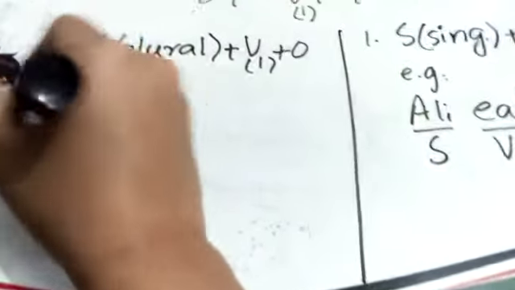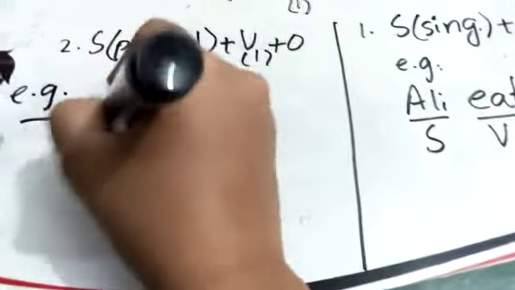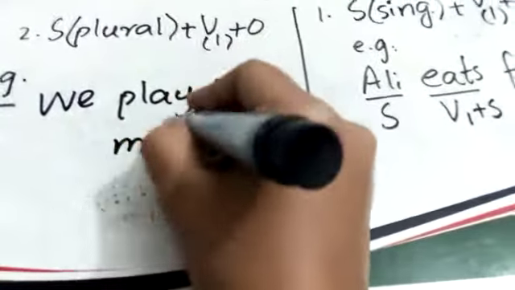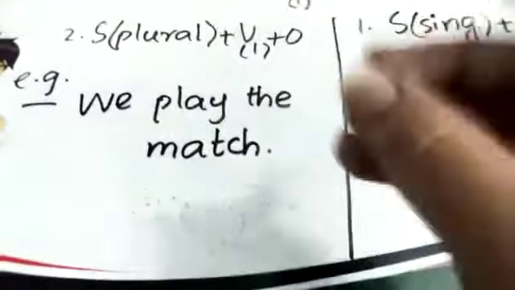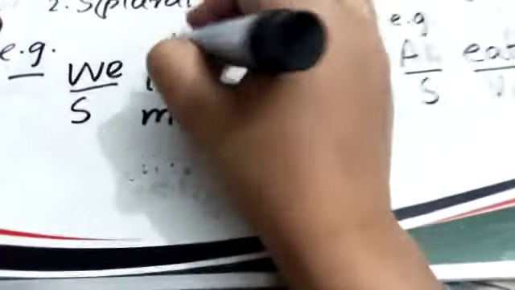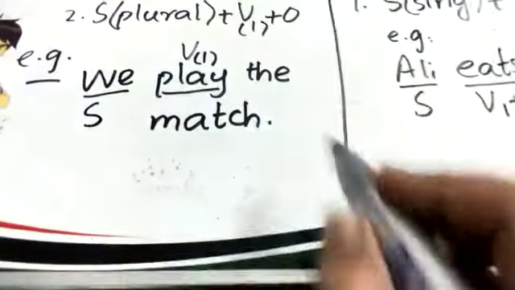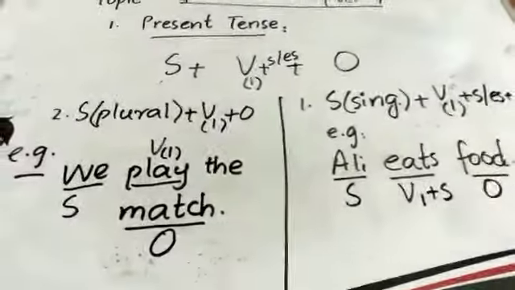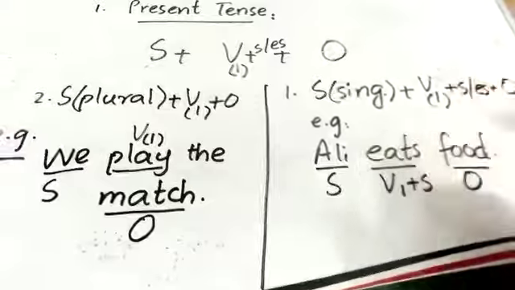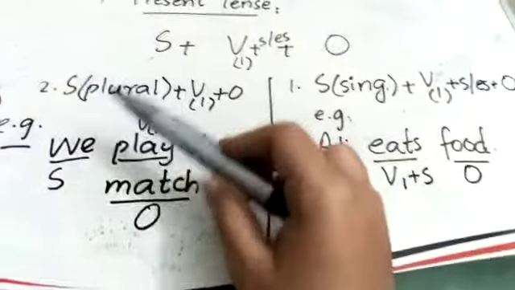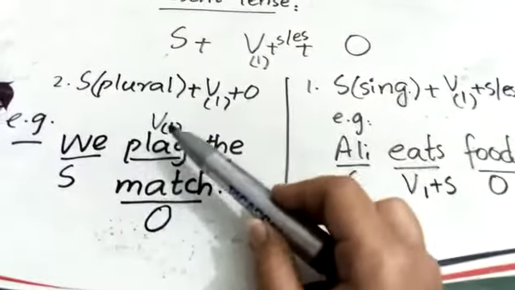For example, we play the match. We is a plural, which is more than two people, so we is your subject which is plural. That's why we have used only verb first form without s or es, and match is your object. So this is about the simple present tense: if your subject comes in the singular form, you use verb first form with the addition of s or es, and if your subject is plural, you only use verb first form without s or es.